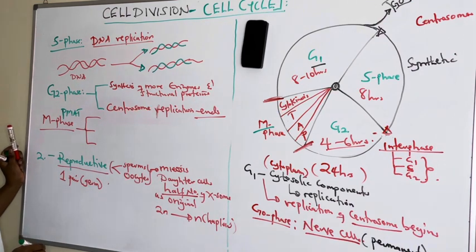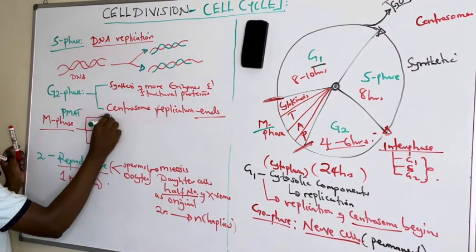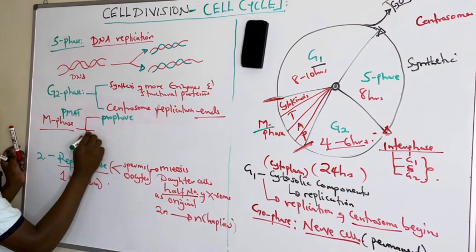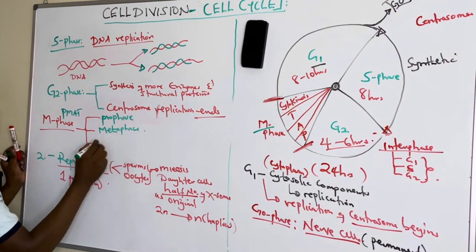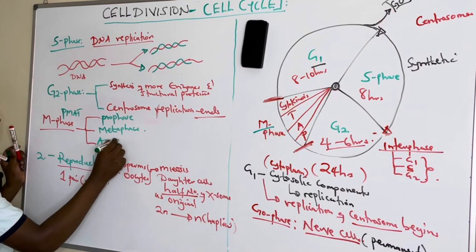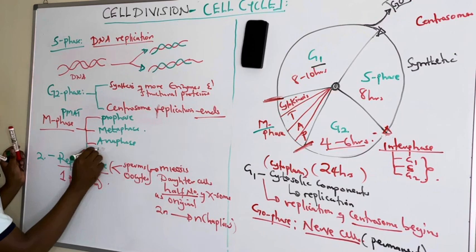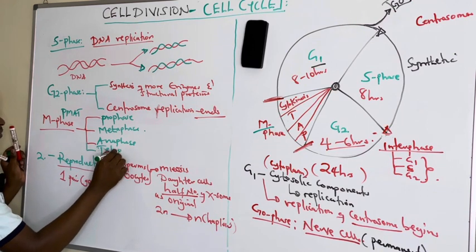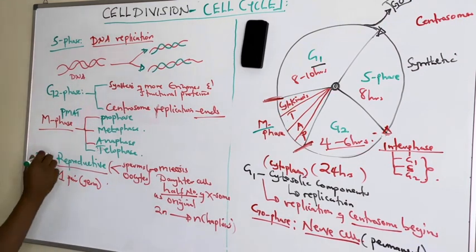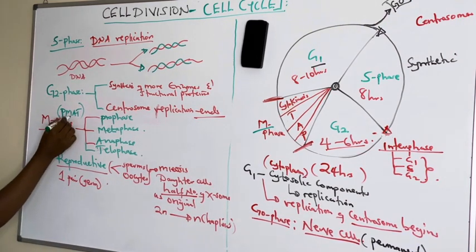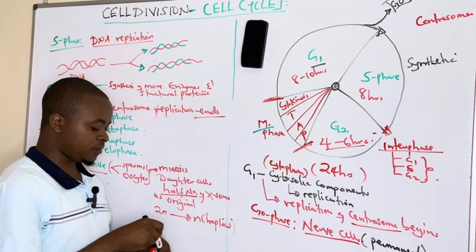PMAT means we have prophase, metaphase, then anaphase and telophase. So whenever you want to remember this in their order, always remember PMAT: prophase, metaphase, anaphase, and telophase, being the major components.